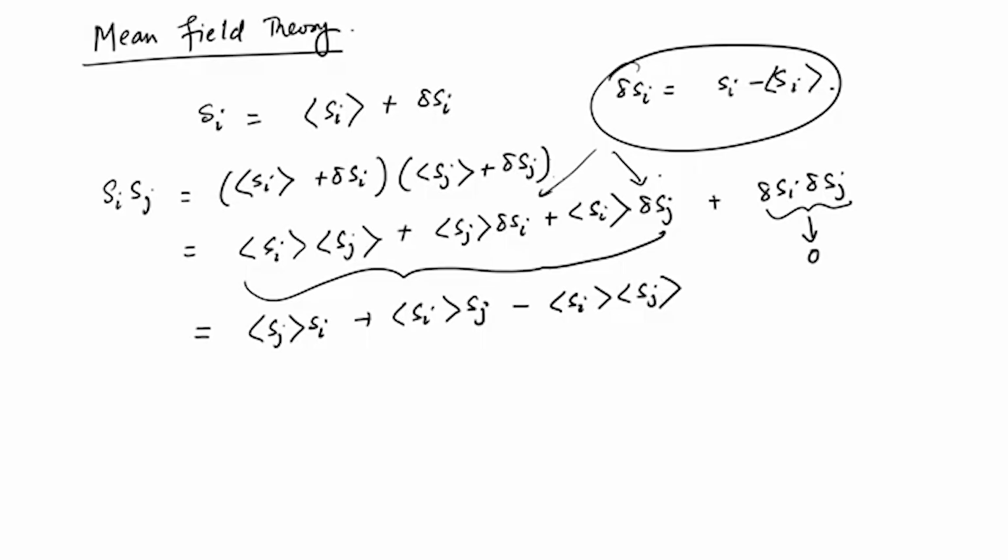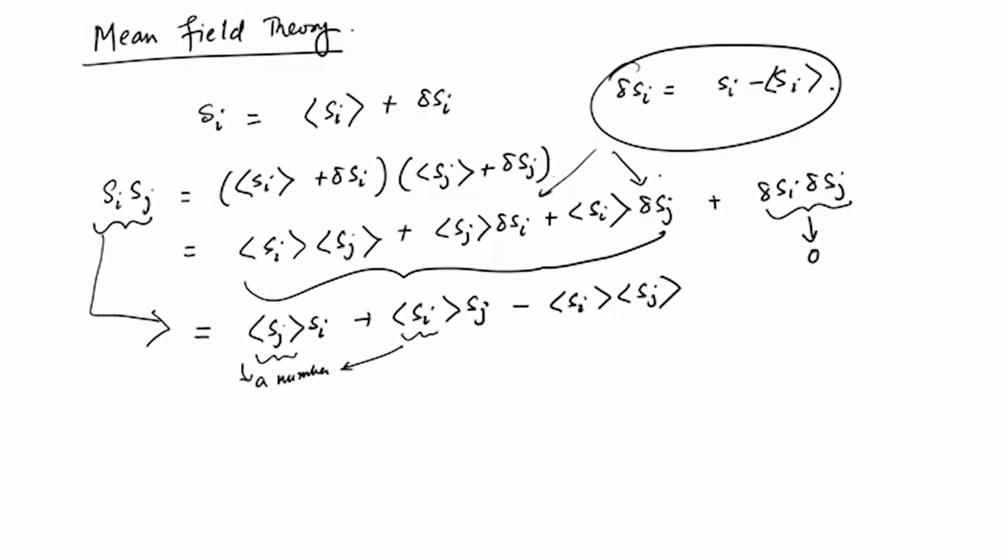So, we reduce an interacting problem, 2 spins interacting, to a non-interacting problem where each spin is facing a field due to the other. This is just a number, called a C number, and this is just a number as well. So, you now have one spin, it becomes a non-interacting, one particle problem, which can be solved exactly.